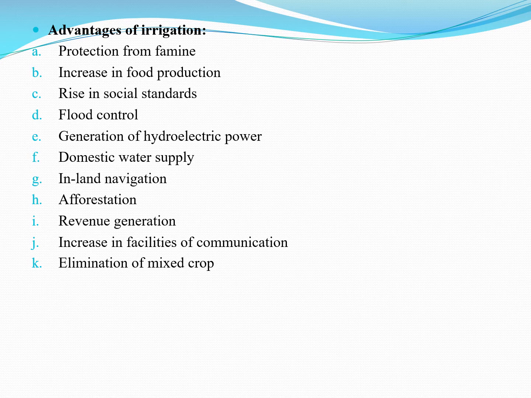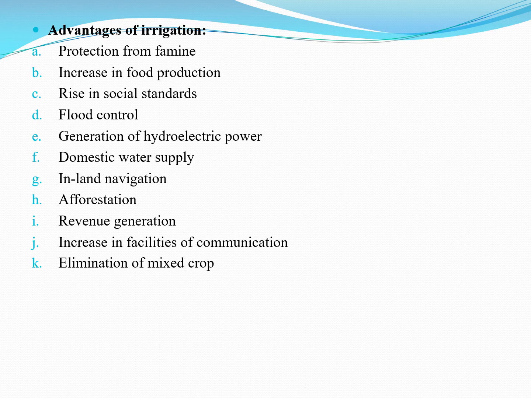Next is flood control. The irrigation structures like reservoirs detain the floods for some time, means a reservoir controls the flood for some time, and thus reduces the destructive power of that, and ultimately it helps in flood control.